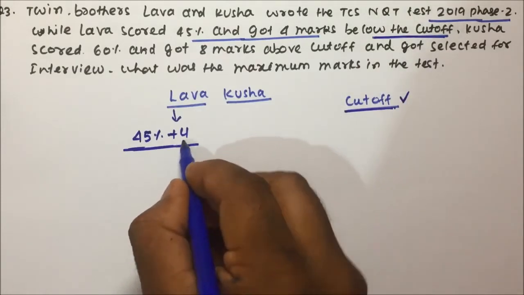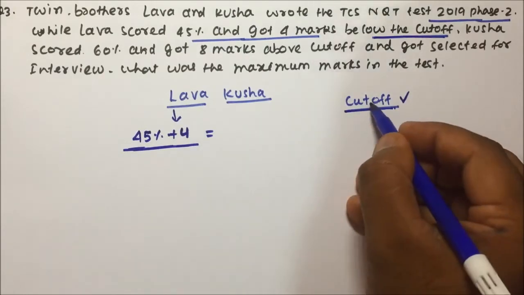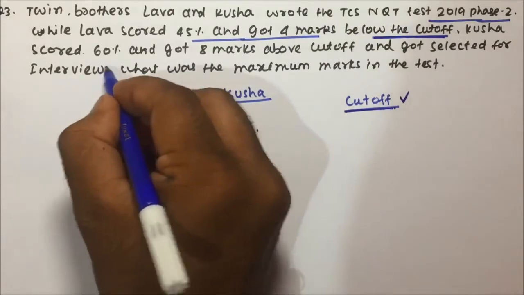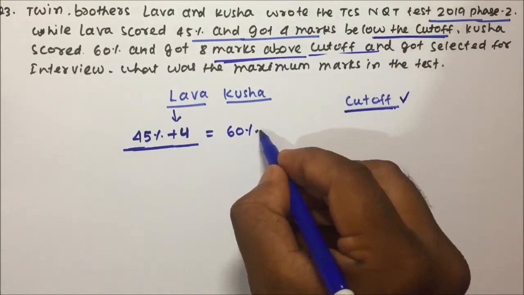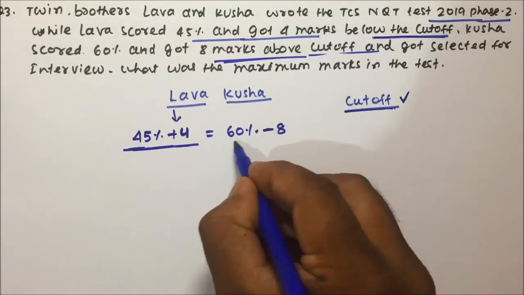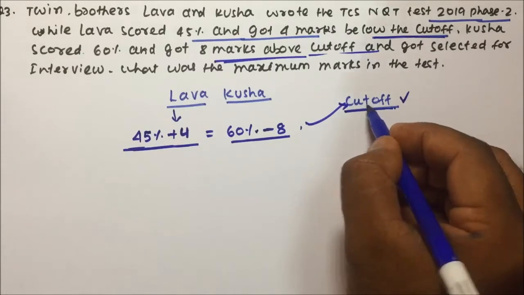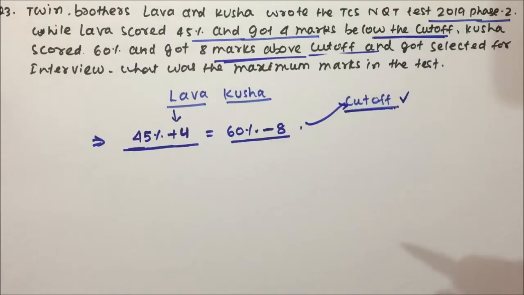So 45% plus 4, if Lava gets, then he will pass or he will reach the cutoff. Kusa has scored 60% and he is getting 8 marks above the cutoff. So 60% Kusa is scoring, and if you subtract 8 from that, then that will be nothing but my cutoff, right?